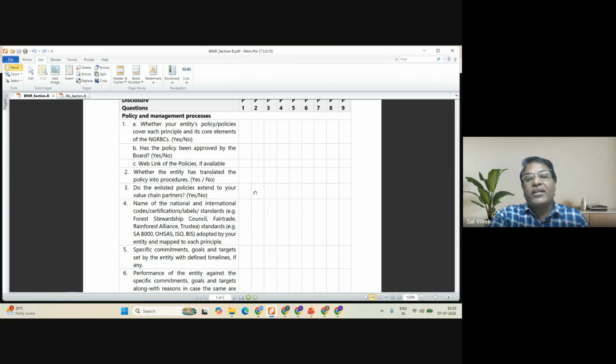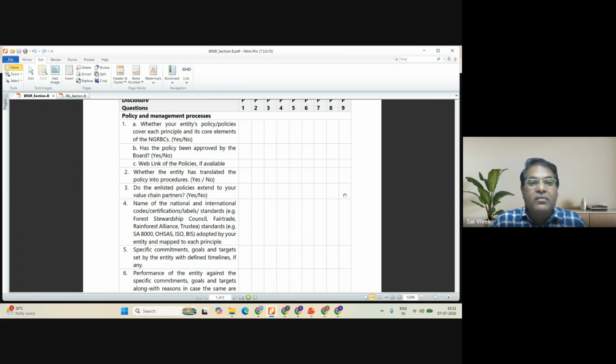Value chain partners, in the sense I've been telling you, could be vendors, right from mining, vendors, transporters, the people who are working in the company and outside the gate, and supply chain, and it goes to the customers, recyclers, and reusers, all these people.